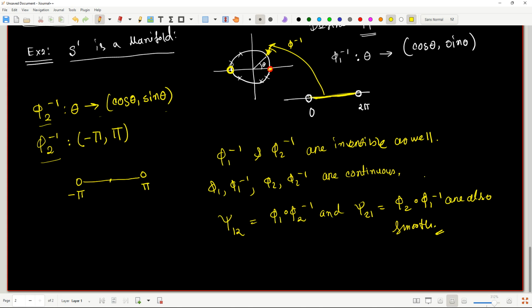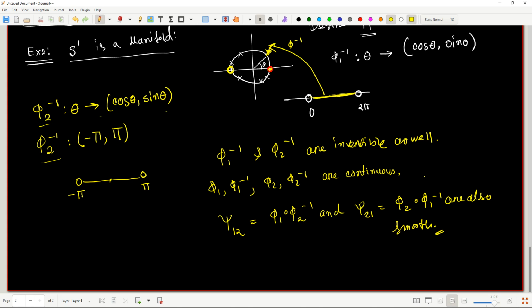Note that by saying smooth, what we mean is that these things are infinitely differentiable. We could restrict ourselves to kth order differentiability, however that doesn't bring us an interesting result.